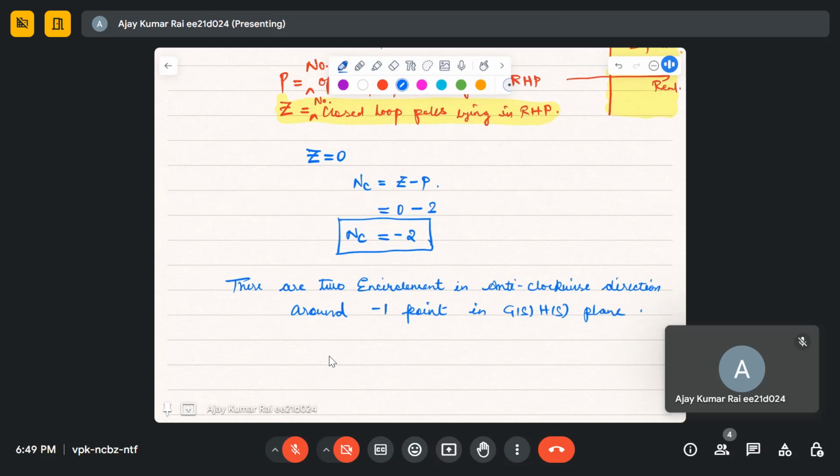This is what NC equal to -2 means: two encirclements around the -1 point, and the minus sign indicates anti-clockwise encirclement.